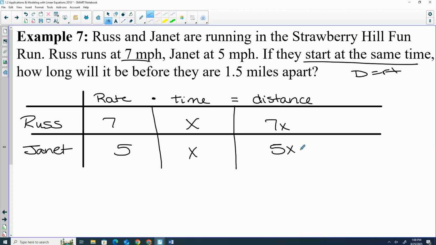Our scenario is they started at the same time, and they're running the same race, so going the same direction. If I want to know how far apart they are, what do I need to do with those? Subtract them. Because they're running the same direction, I have to subtract those to equal my 1.5.